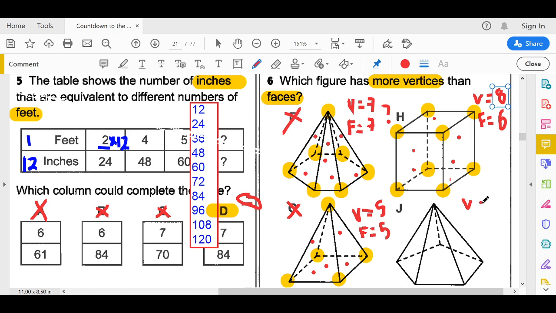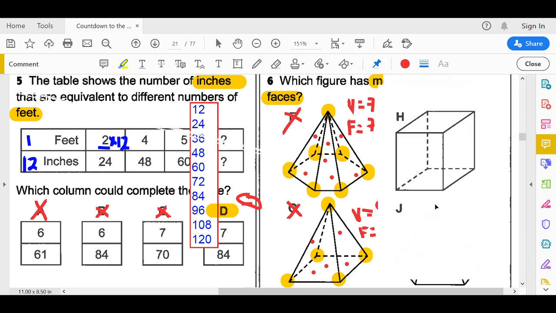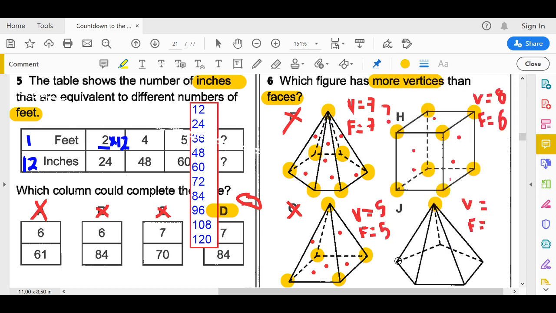V equals and F for faces equals. Okay, let's check the vertices right here. 1, 2, 3, 4, 5, and 6.